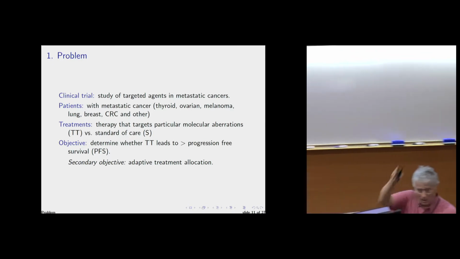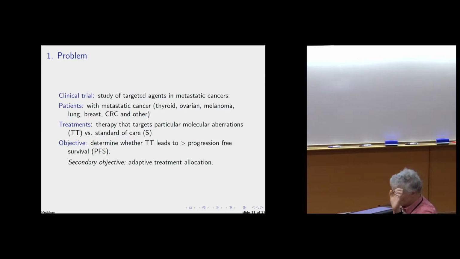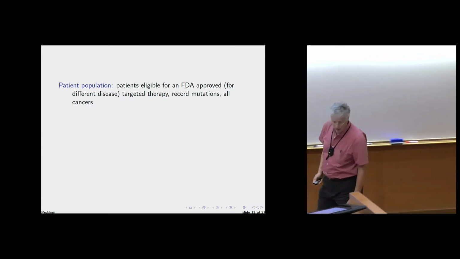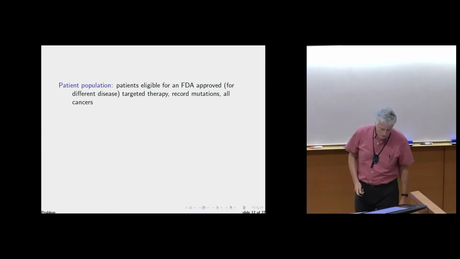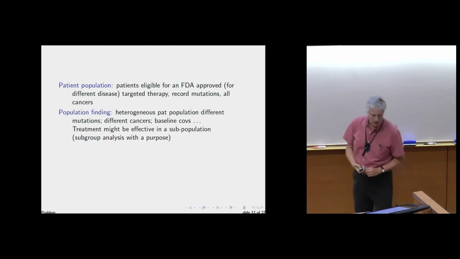According to disease and mutations, you mark dark blue those combinations where targeted therapy works, and white those where it doesn't work. This is just telling you that the trial enrolls patients who are eligible for some FDA-approved targeted therapy.